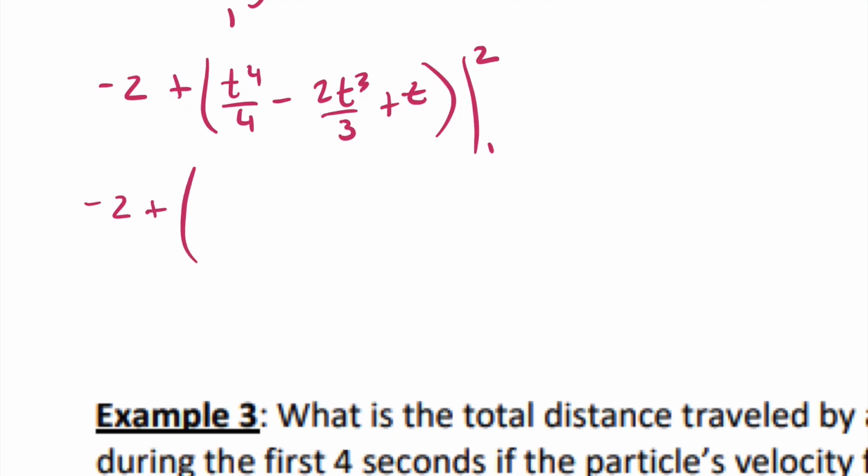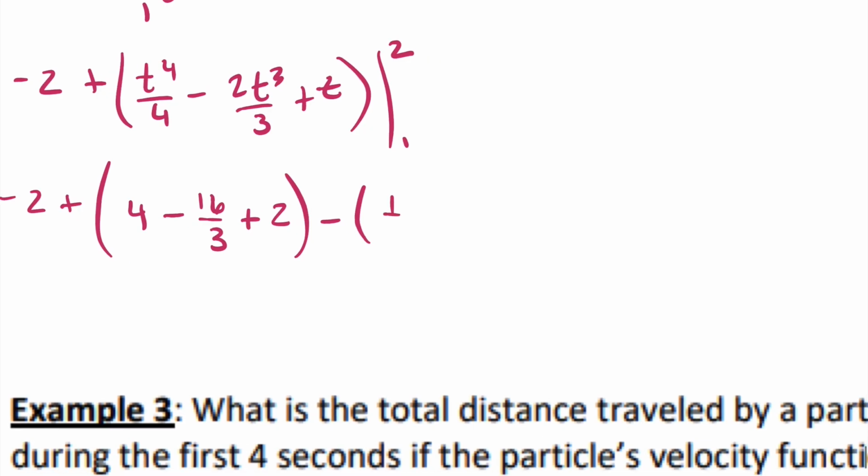Let's see. Again, this is net change, so we're not looking for total accumulation. We're looking for the net. So 2 times 2 is 4, times 2 is 8, times 2 is 16, that's 4. Then we get minus 16 thirds plus 2. Take away 1/4 minus 2 thirds plus 1.